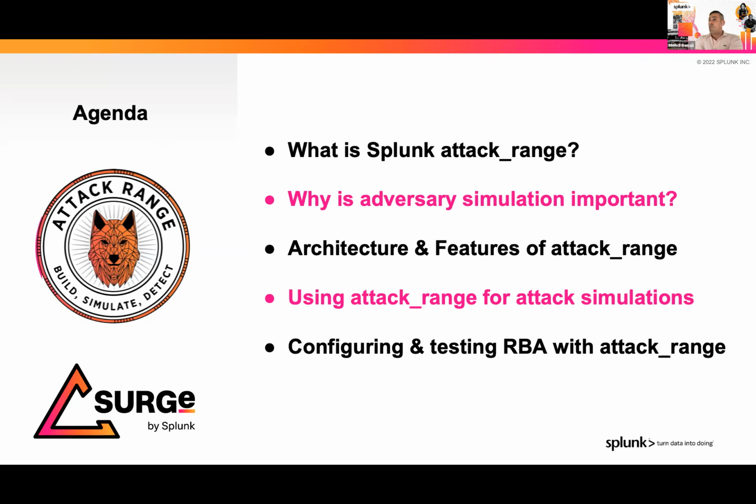Okay, and then I will show you RBA for those of you who are familiar with RBA. So RBA is risk-based alerting. Okay, and I think it has been available for quite a while now within Splunk Enterprise Security.